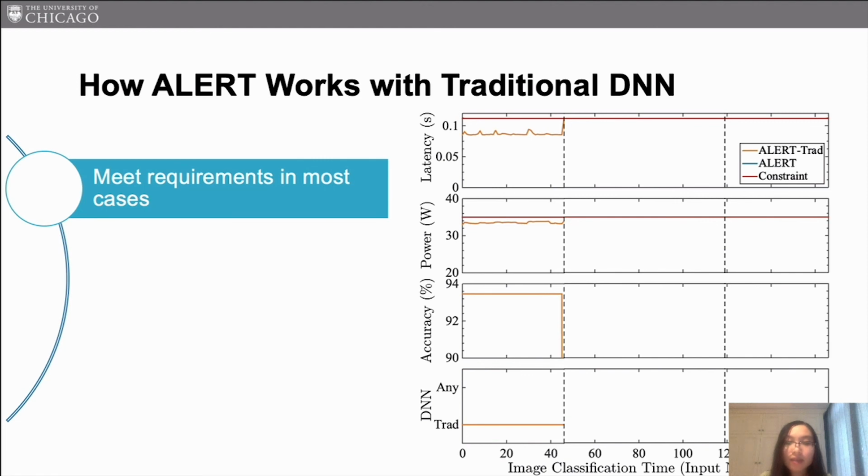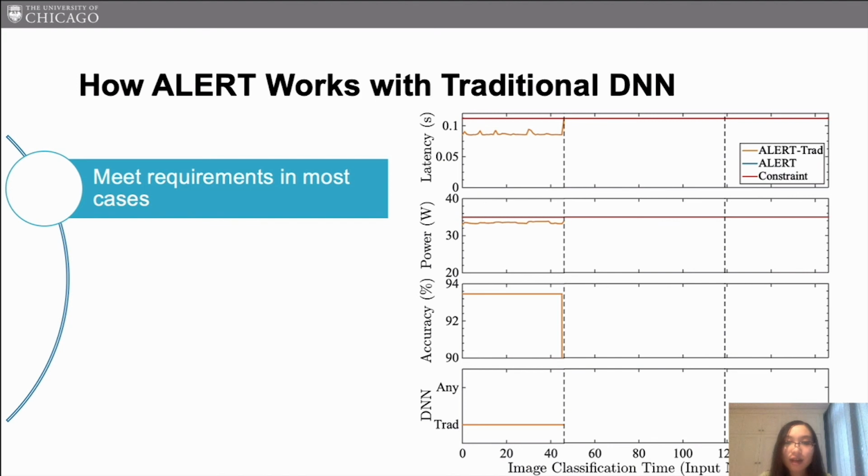It always meets the latency deadline. The power is right beneath the budget, which means that we make full use of the power budget. And because the runtime variation is relatively small, Alert always selects a large but accurate DNN.